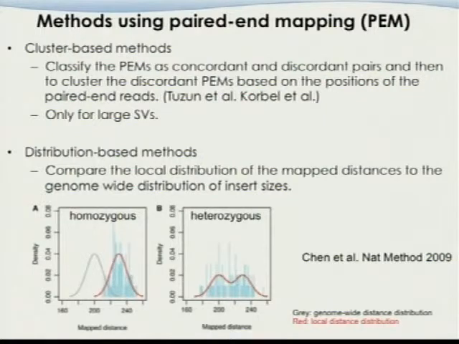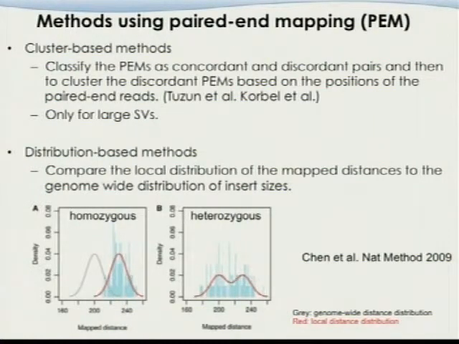And in terms of methodology itself, there are two different types of methodologies. Again, two subcategories. The first one is the cluster-based methods, meaning that we classify the paired end mapping as concordant and discordant pairs, and then cluster the ones that don't agree based on the positions of the paired end reads.